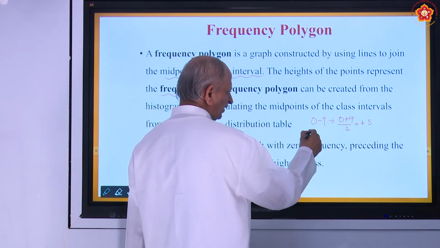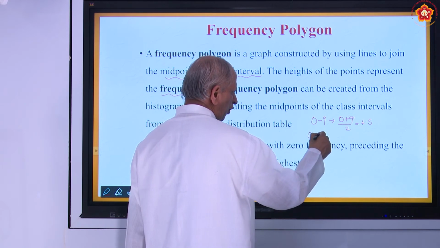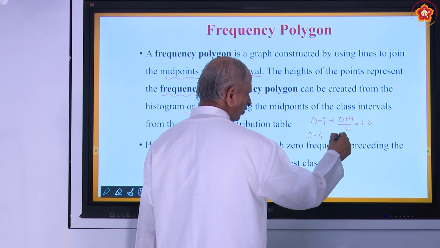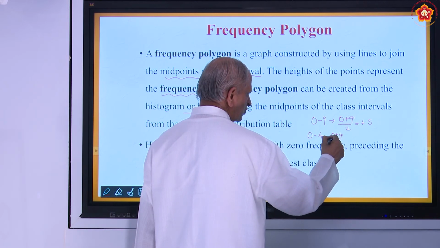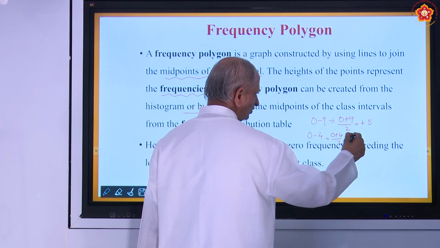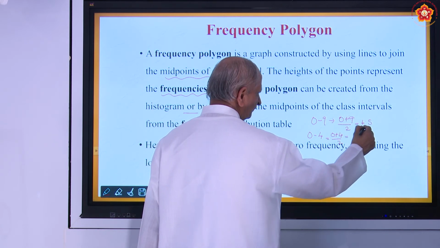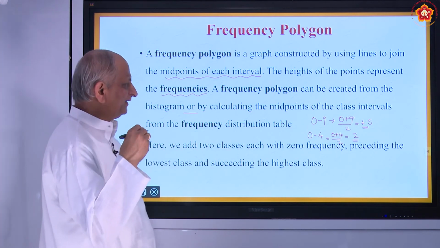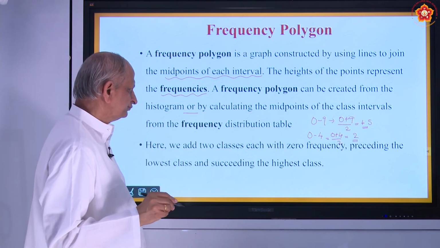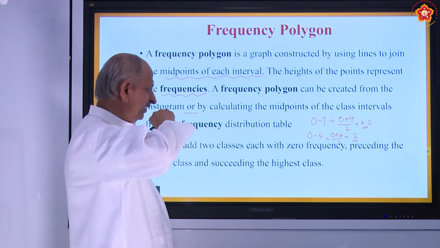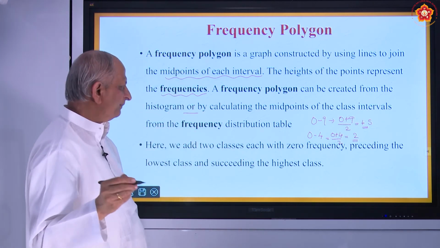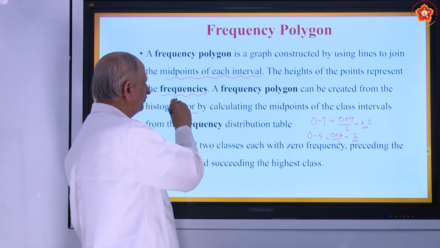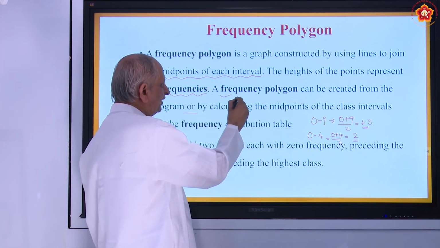If the class interval is say 0 to 4, then the midpoint is 0 plus 4 by 2, that is 4 by 2, equal to 2. That is how the midpoints are got. So marking the midpoints on the graph and joining the midpoints will give you what is called a frequency polygon.